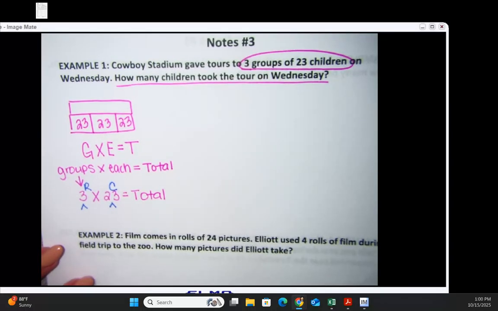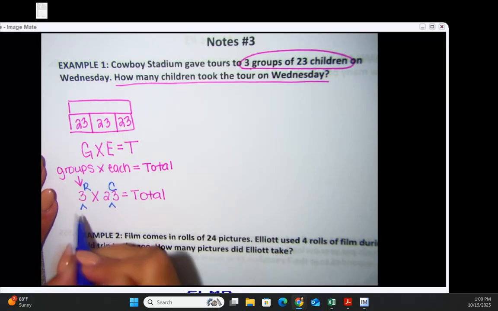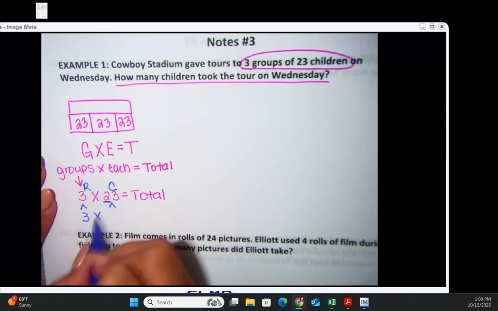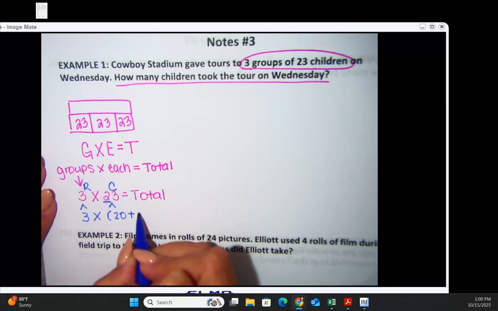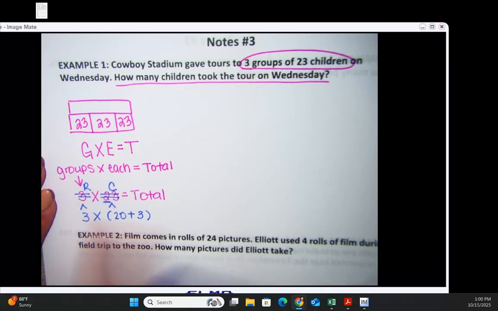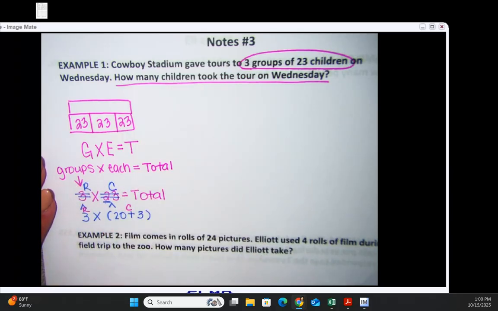When I expand, it means that I'm stretching it out, showing the value of each digit. What is the value of the 3? 3. What is the value of, oh, these are 2 digits. So let's do one at a time. What is the value of the 2? 20. What is the value of the 3? 3. So this does not exist anymore. These are my rows and my columns.